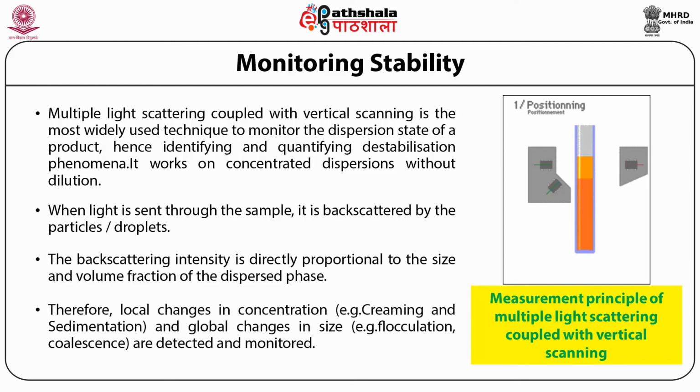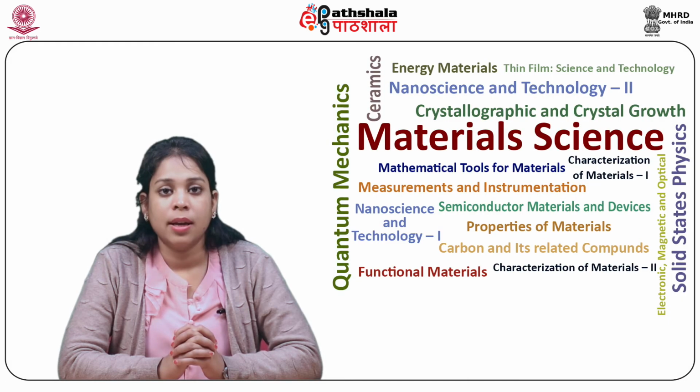Therefore, local changes in concentration, for example creaming and sedimentation, and global changes in size, for example flocculation and coalescence, are detected and monitored. So, students, this figure shows the measurement principle of multiple light scattering coupled with vertical scanning.